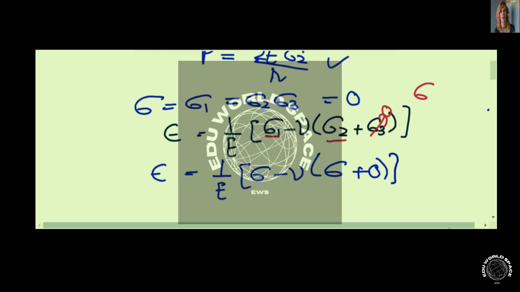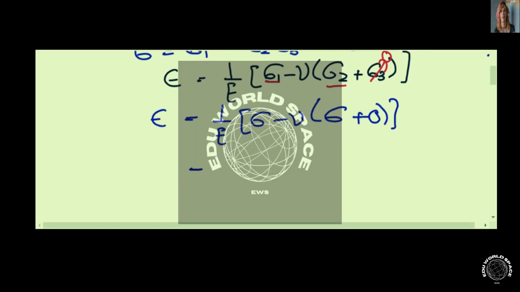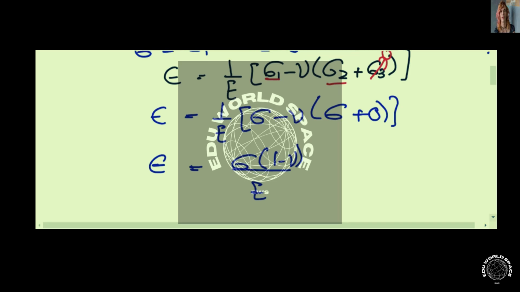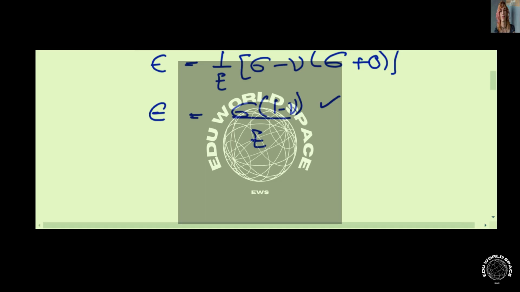When I simplify it, we'll be left with the stress times 1 minus epsilon, divided by E. Now this shows that what is true for stresses is also true for strains. So we conclude that the strain epsilon sub 2 is equal to the strain in the x direction, equal to the y direction strain, and also equal to the strain in the z direction.